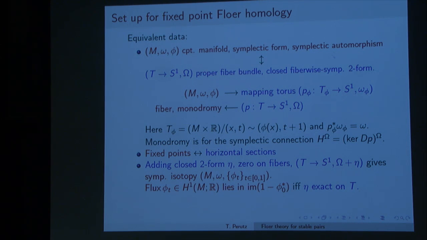So in that direction, you take this compact symplectic manifold and an automorphism, and you build this fibration over the circle. In the other direction, if you're given such a fibration over the circle, you can take its fiber to get a symplectic manifold, and its symplectic monodromy to get an automorphism thereof. Symplectic monodromy means that you use the natural symplectic connection, whose horizontal spaces are the complements, with respect to the given two-form, to the vertical tangent spaces.